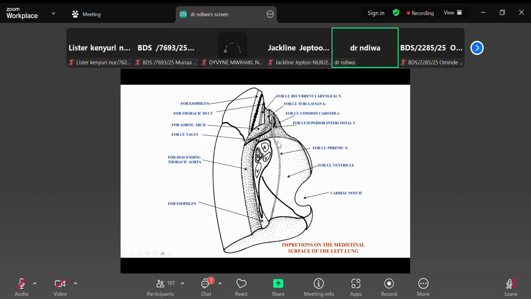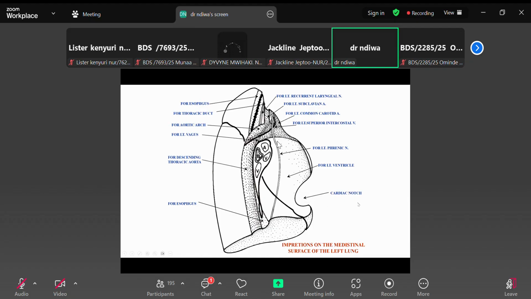Then you have a place for the arch of the aorta, and next to it the left vagus nerve. Then we have a place for the descending thoracic aorta, and then towards the base, you will have a place for the esophagus again.